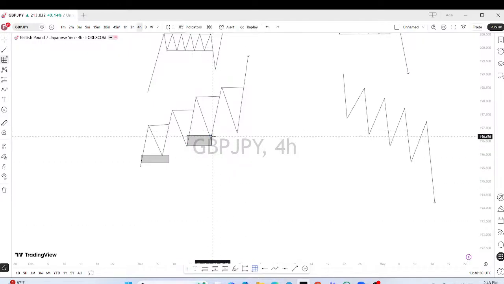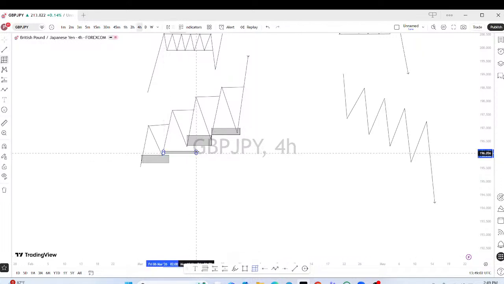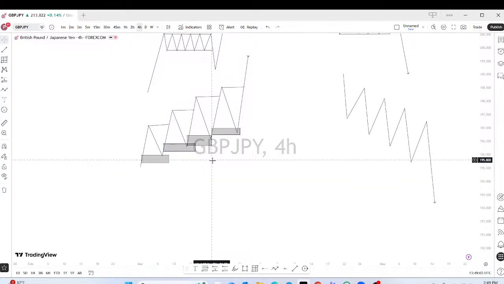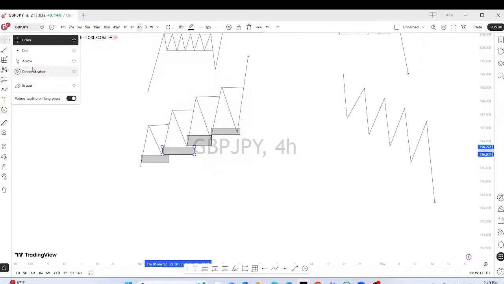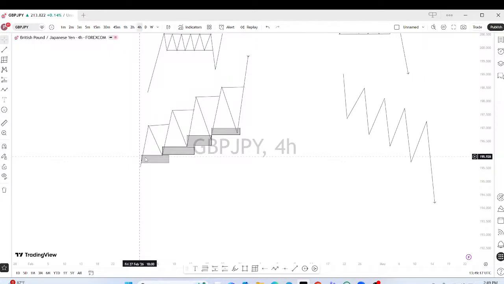You want to wait for price to come back, not to chase price, to come back and give you an entry. What you are doing is waiting for price to come and tap into your level and then you buy, that is if the price is on the uptrend, right?